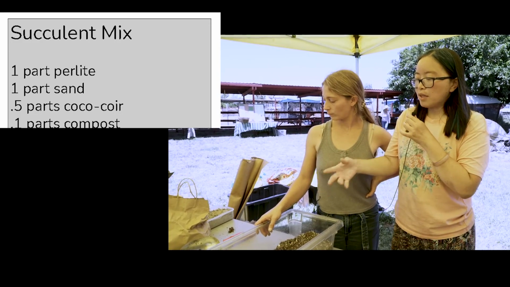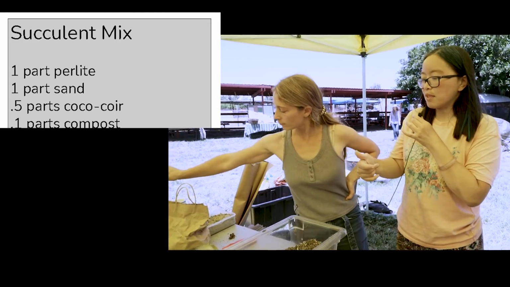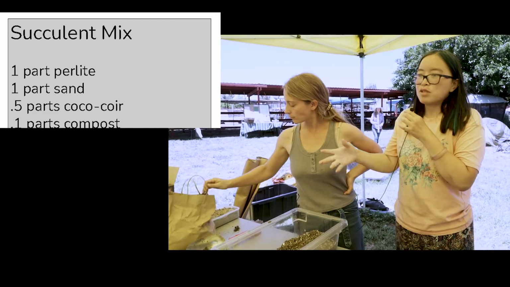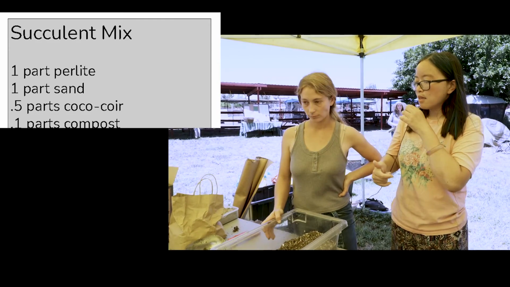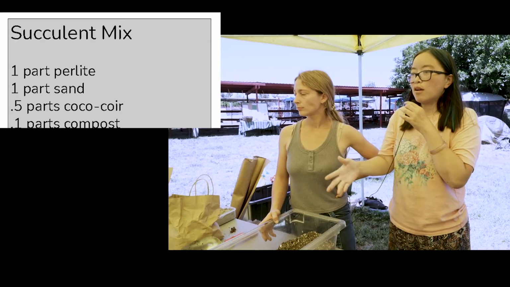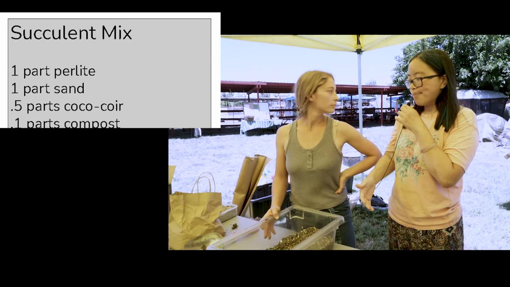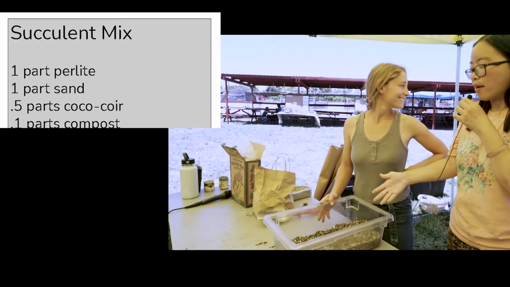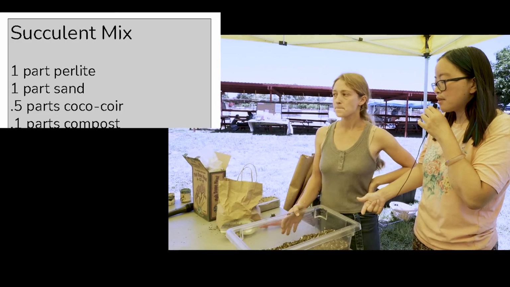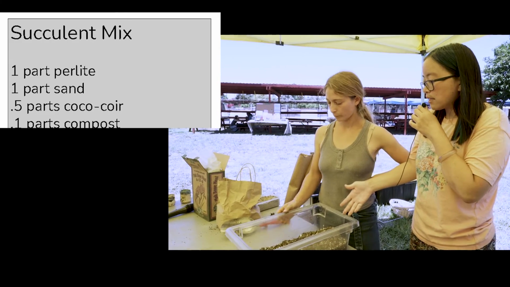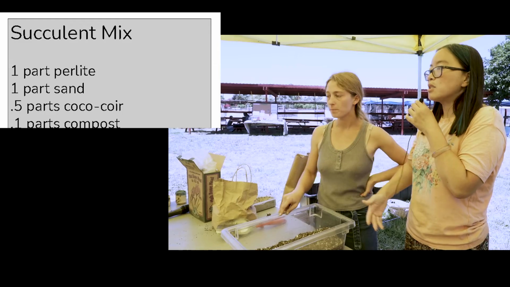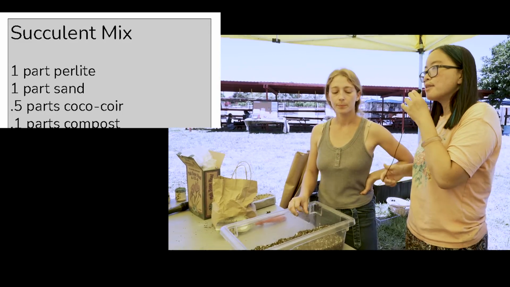Or you can take all of your spent potting mixes and mix in some new materials, so you don't have to completely remake your potting mix. Many people also just throw their old potting mix into the compost, but I think it's great to reuse it so you don't have to keep buying new materials all the time.